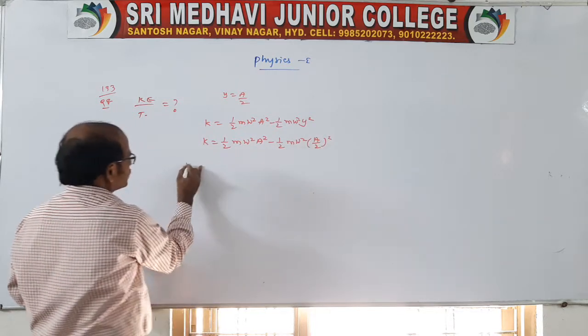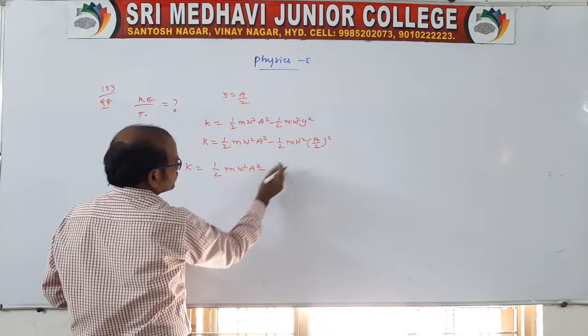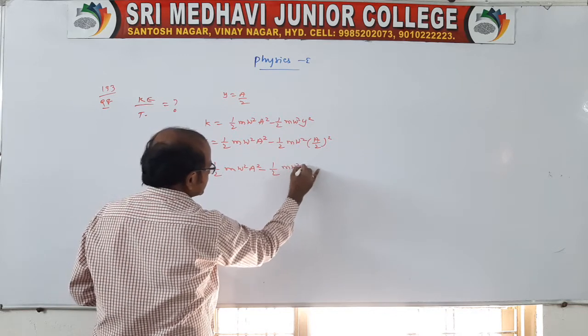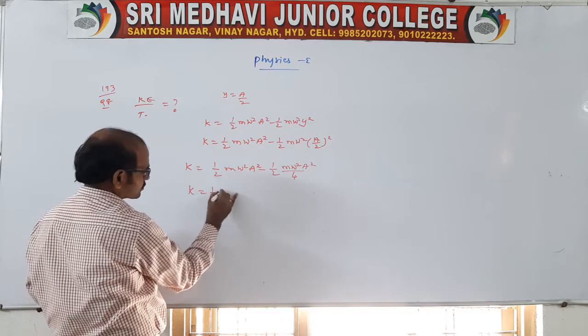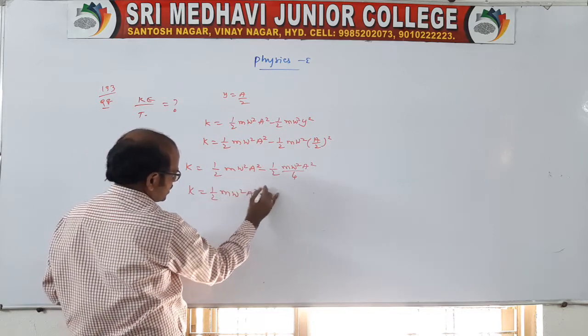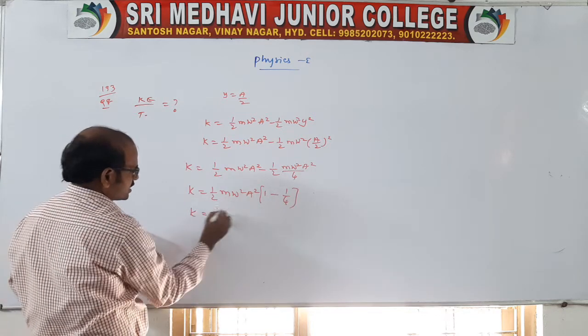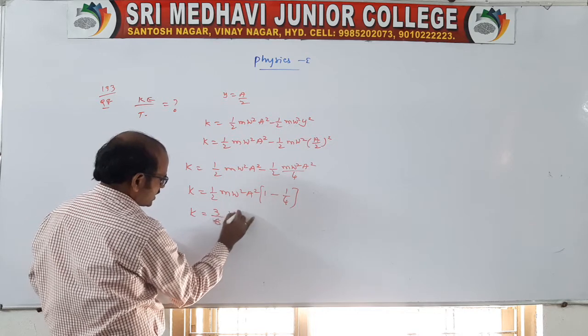Therefore, 1 by 2 m omega square a square minus, it is 4, no? So 1 by 2 m omega square a square by 4. Better you take 1 by 2 m omega square a square common. So 1 minus 1 by 4 we will get, so it becomes 3 by 4, or you say 3 by 8 m omega square a square.